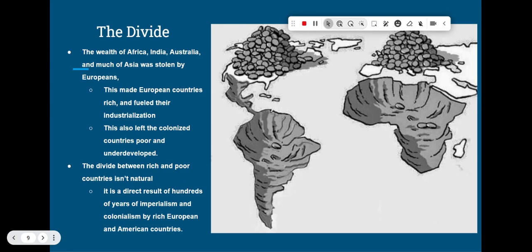But this also left the colonized countries poor and underdeveloped, because they could no longer access those resources, develop them, and have economic growth like the European countries could, because their resources were being taken. The divide that we see in the world between rich and poor countries isn't natural. It's a direct result of hundreds of years of imperialism and colonialism by rich European and American countries.